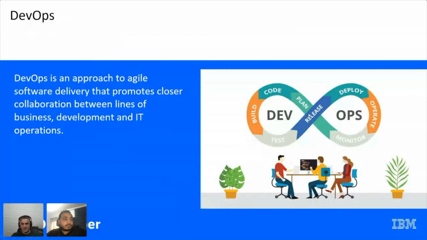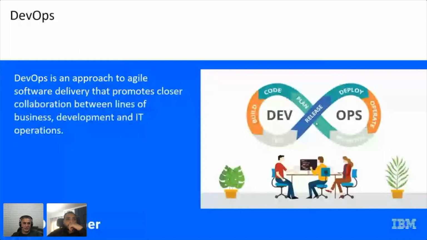DevOps is a type of agile methodology where you plan, you code, you build, you test, you release, you deploy, you check the deployment operations, you're monitoring it, then you plan some more changes, new code, and it's very iterative. It's like the infinity icon, it never ends. This is the idea of DevOps.